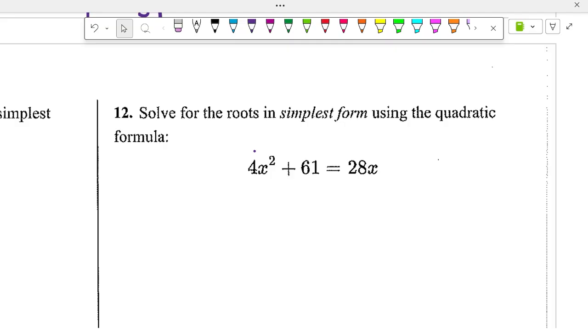In your calculator, did you put the negative thing in parentheses?